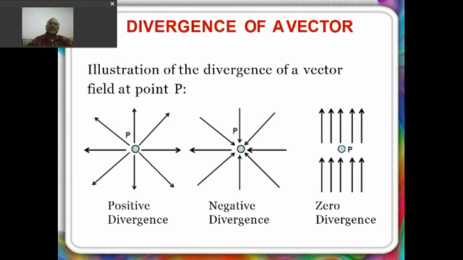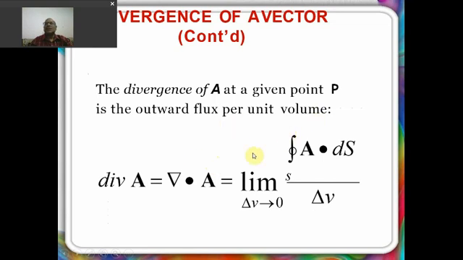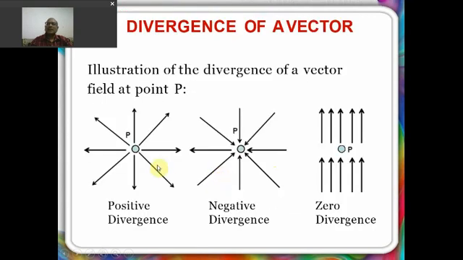So we can say that divergence refers to the flux. You can understand that this value, A dot dS integrated over the whole closed surface, is the flux. If the flux is outward, then there is positive divergence.